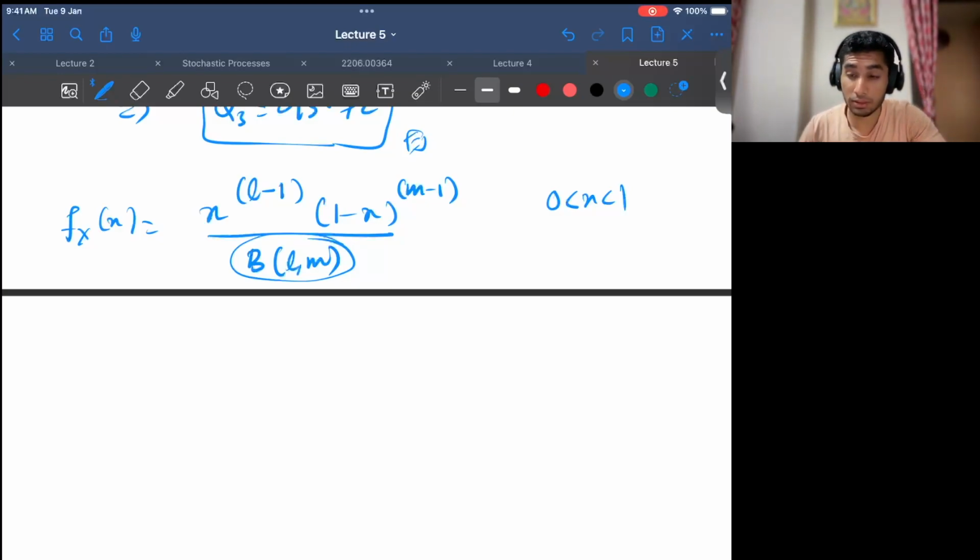What is this function? Can you tell me? Like, what is b of L comma m equal to? It looks something like beta distribution, but maybe I'll ask you to confirm it once. Can you get back to me after confirming what it is?